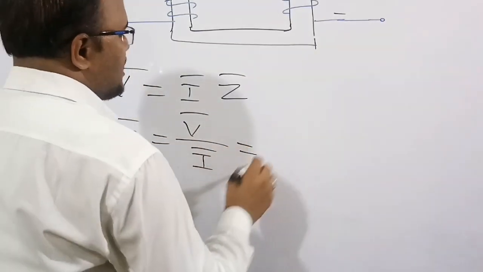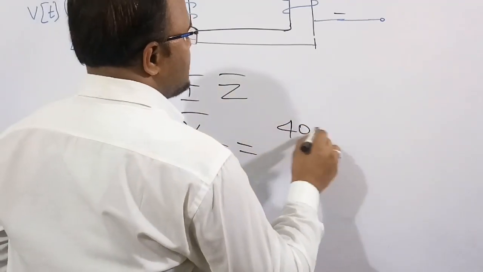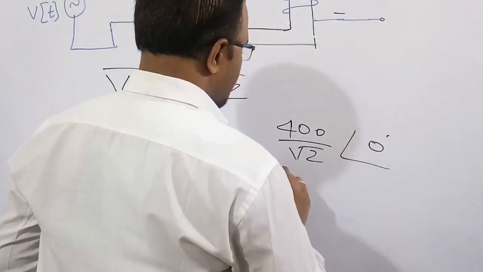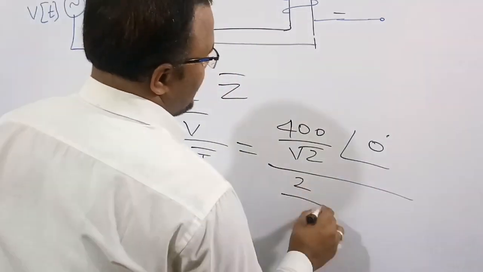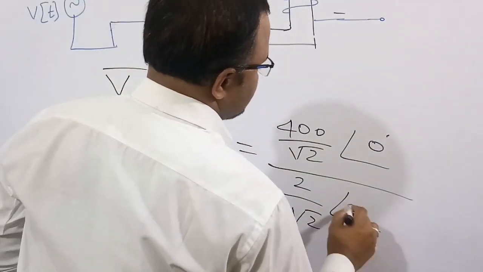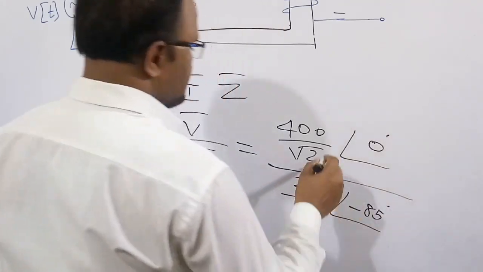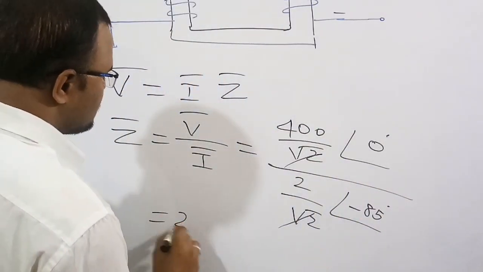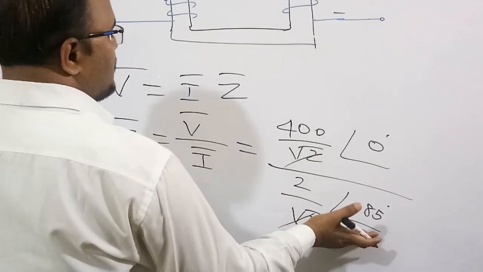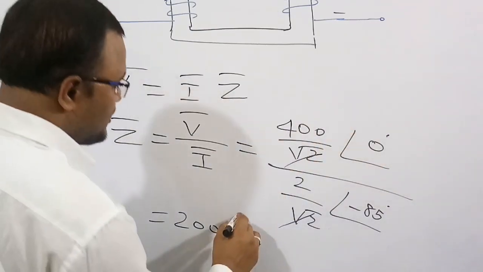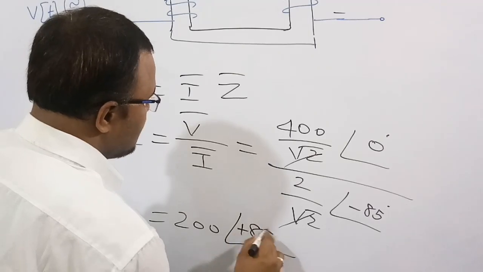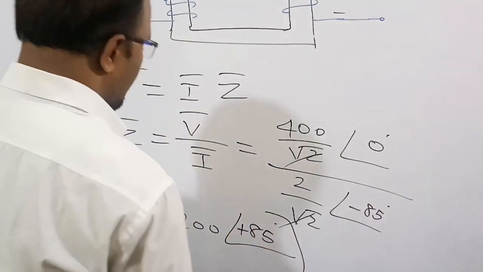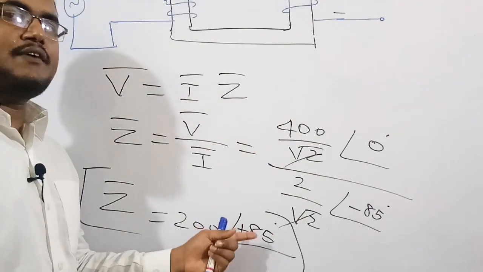V bar is 400 by root 2 at angle 0 degrees, and I bar is 2 by root 2 at angle minus 85. On simplification, root 2 cancels, and 400 by 2 is 200. The angle in the denominator, when brought up, becomes plus 85. So the parallel branch impedance is 200 at an angle of plus 85 degrees.